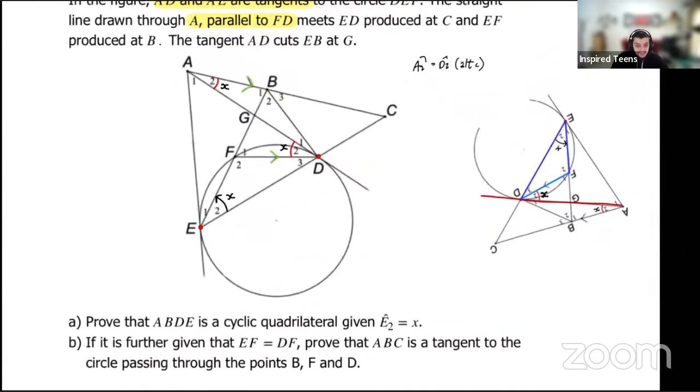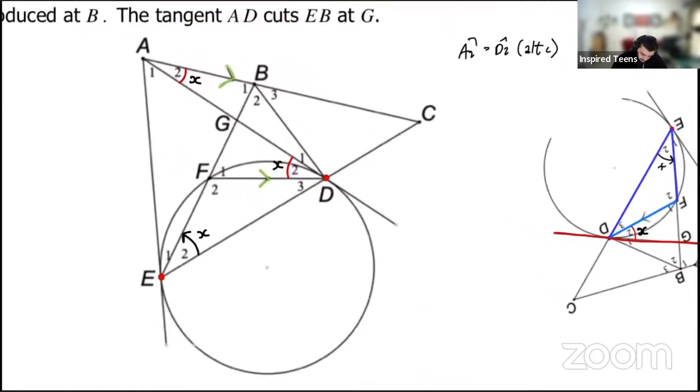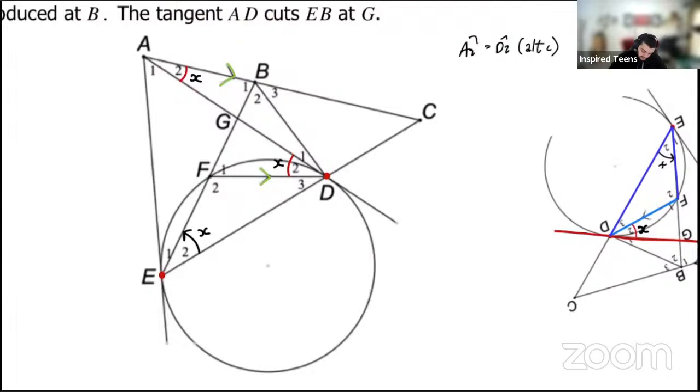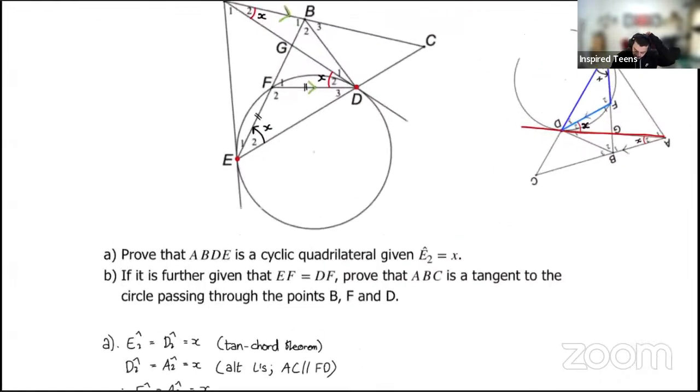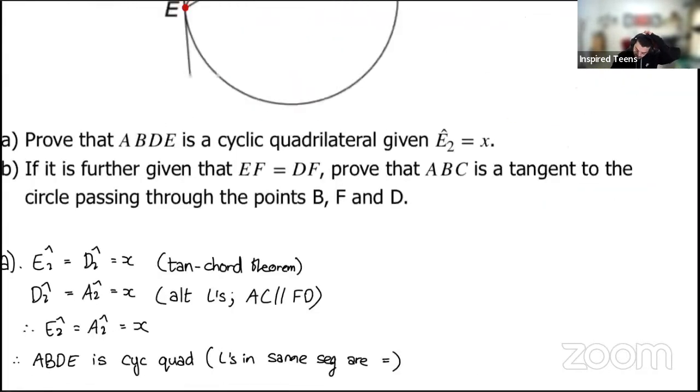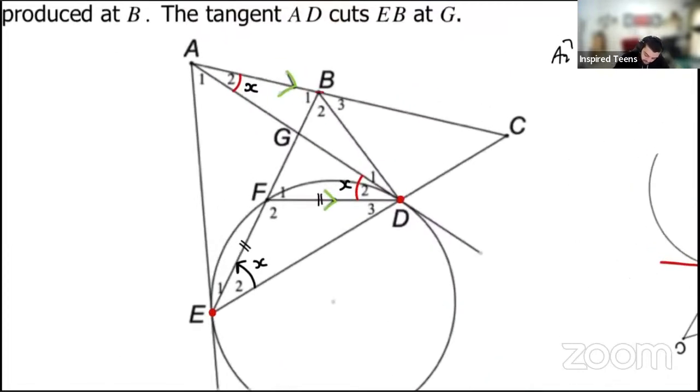It is further given that EF is equal to DF. Prove that ABC is a tangent to the circle passing through points B, F and D. Remember, here's BFD.